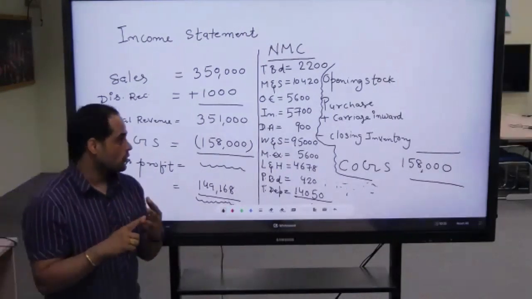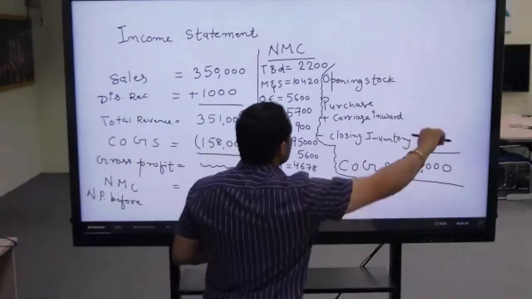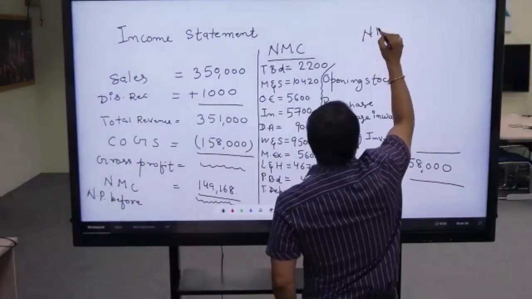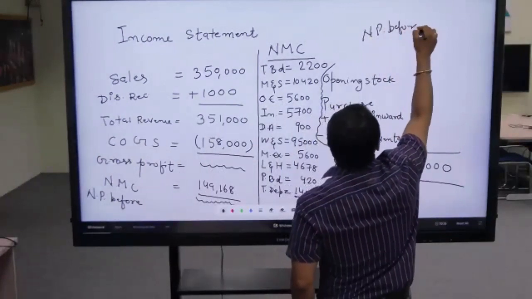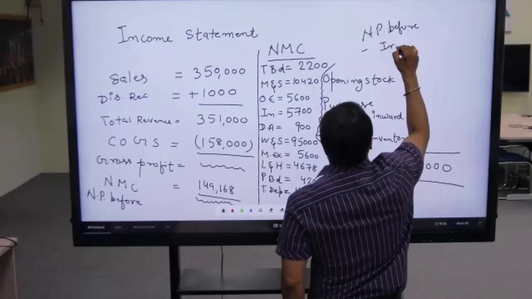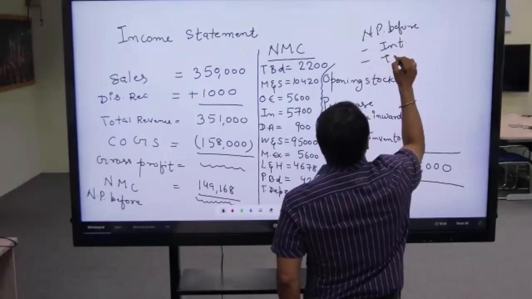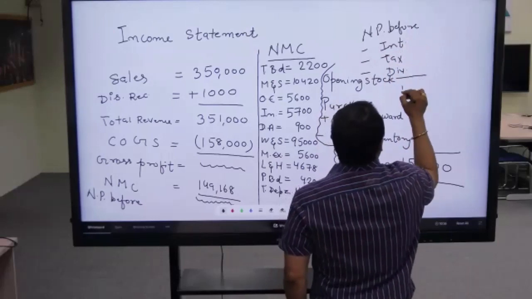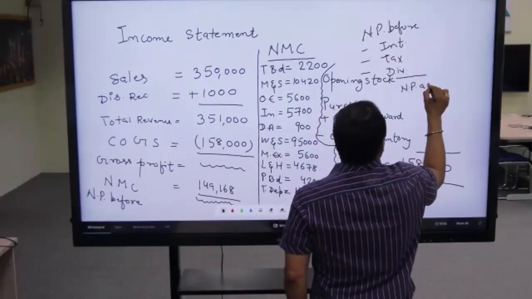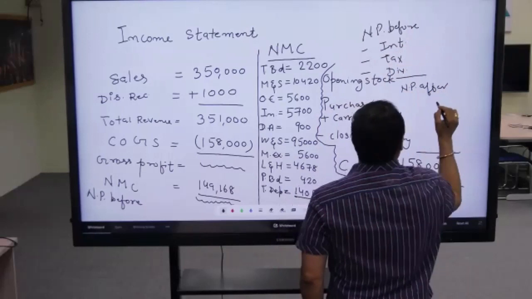So you got net profit before minus interest, tax, and dividend. And that is your net profit after.